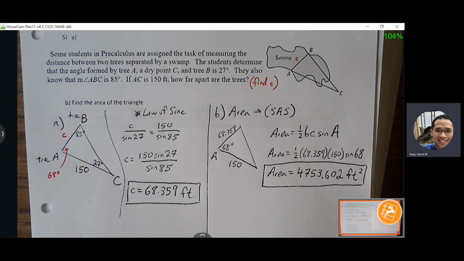To study for the test tomorrow, most of you did really well on the quiz, but what I may suggest you do is see if you can work through those problems that you did well on the quiz, just so you can keep everything fresh in your mind, right? Redo those problems, and you should be good with that material. Yesterday we did some ambiguous case problems, and you seem to be pretty good with those. So just look over your quiz, review it to make sure those are still strong in your mind, and look over this worksheet.